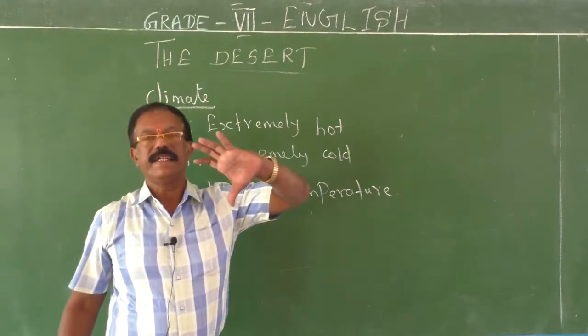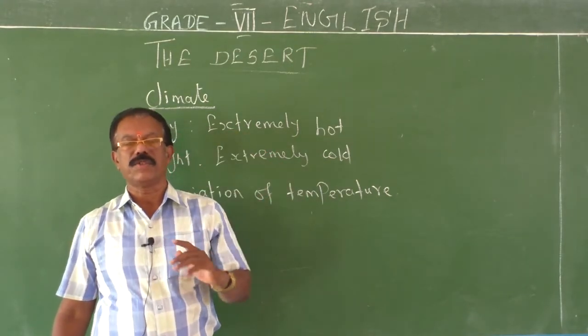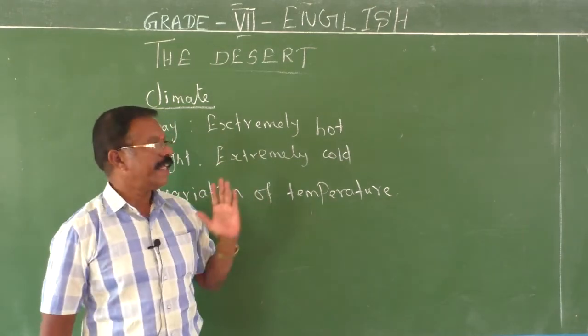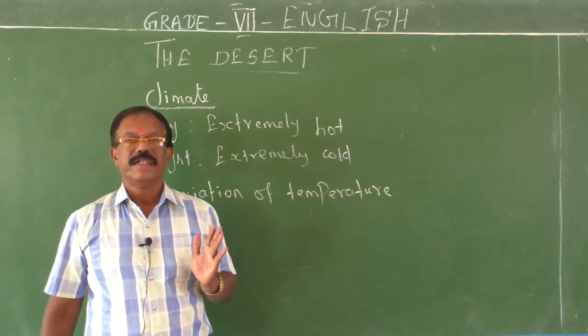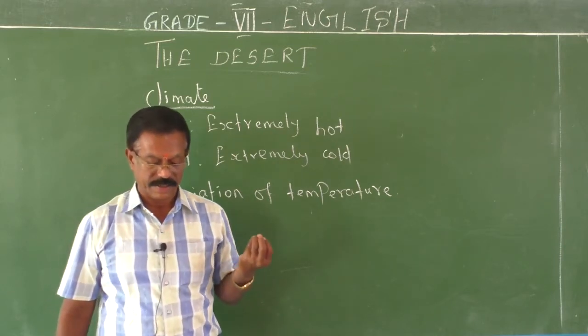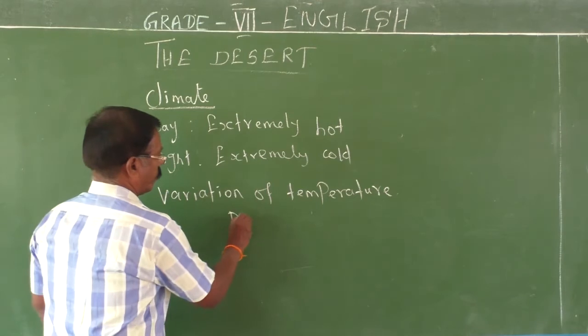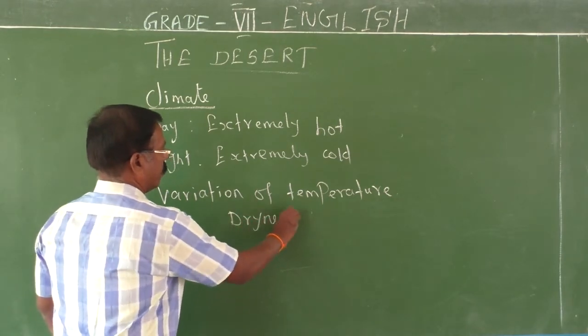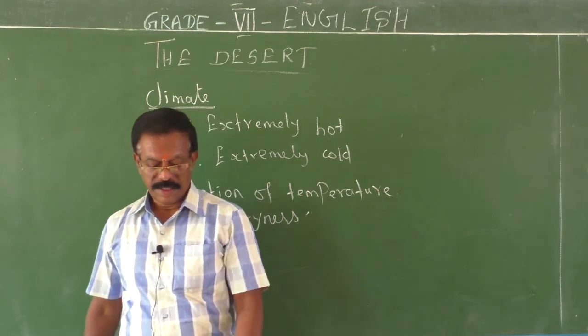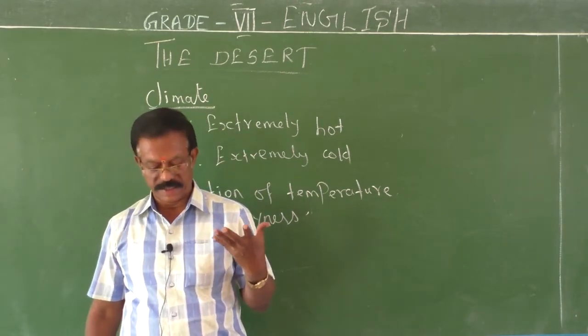The prevailing temperature in the daytime is totally different from the prevailing temperature in the night. This is called a variation of temperature. It is another significant feature of these deserts. Dryness: a totally dry area because of less water. No water at all. Distinct features of these deserts.